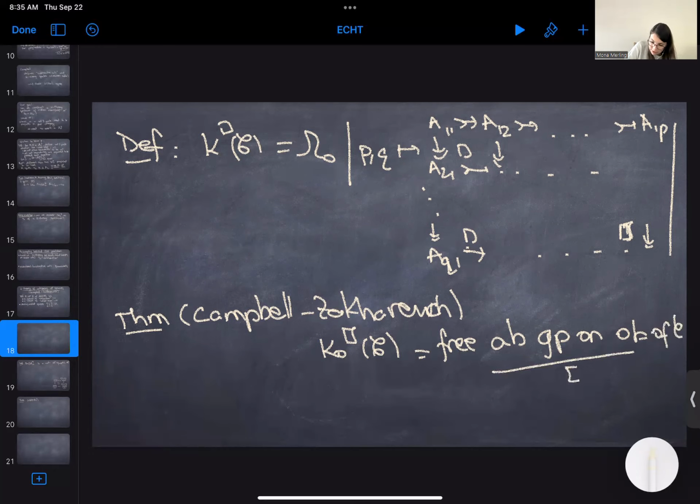Okay, so this designated object that I was denoting by O is going to be the 0 in your group. And the relation that we mod out by is exactly the square relation that we want.